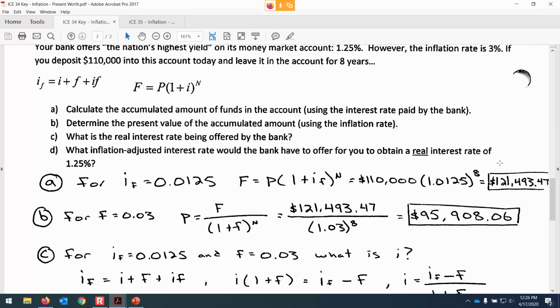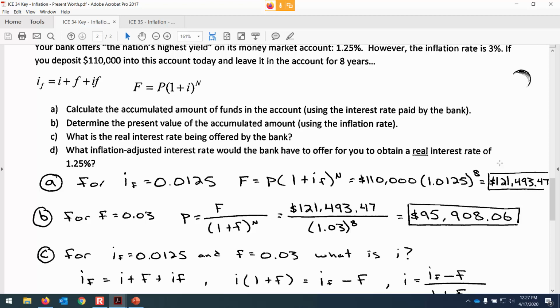It's like that 110,000 is being turned into 95,000 because the purchasing power is less in the future. Although you'll have more dollars, the cost of everything that you're going to be spending those dollars on is greater than it was before. So you'll have more money, but everything you want to buy is even more expensive. It's proportionally higher prices.